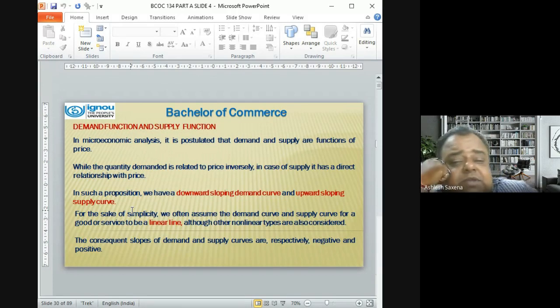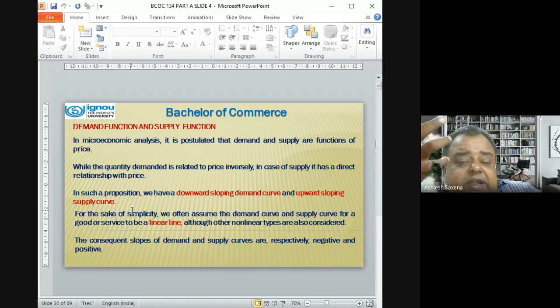In such a proposition, we have a downward sloping demand curve and an upward sloping supply curve. For the sake of simplicity, we often assume the demand curve and supply curve for a good or service to be a linear line, although other nonlinear types are also considered.